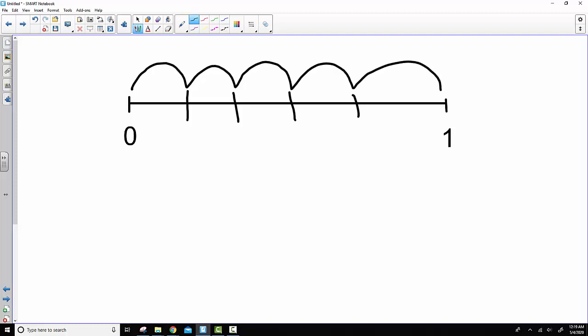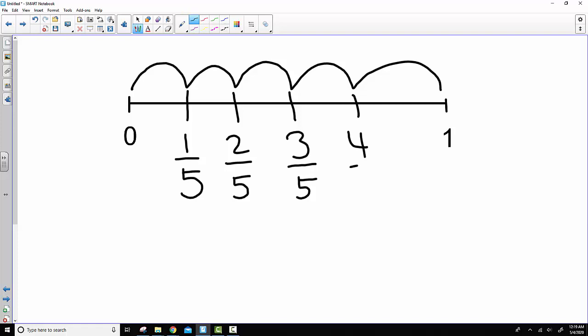There's 5 parts to this line segment. We start at 0, and then we first have 1/5, 2/5, 3/5, 4/5, and then another name for 1 could be 5/5. This number line segment is divided into fifths. There are 5 parts between 0 and 1.